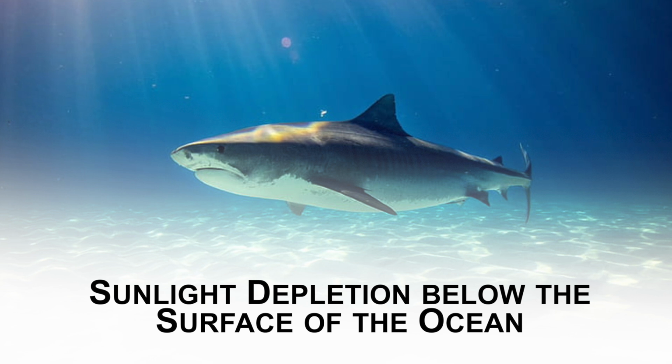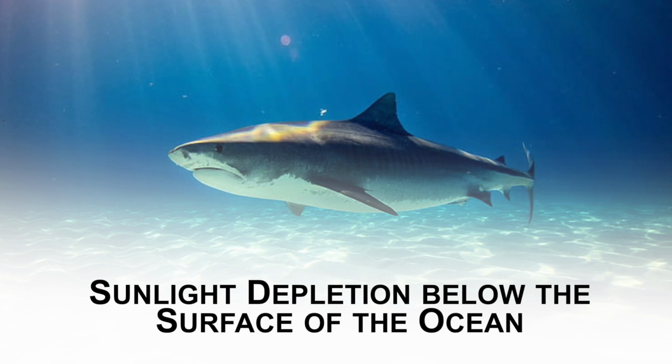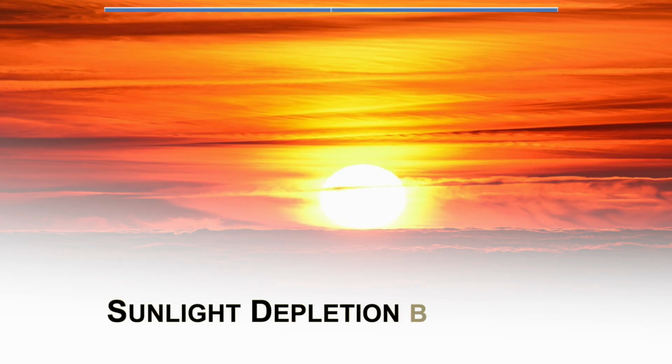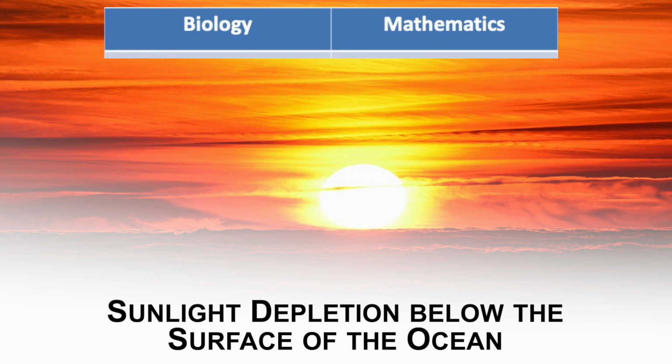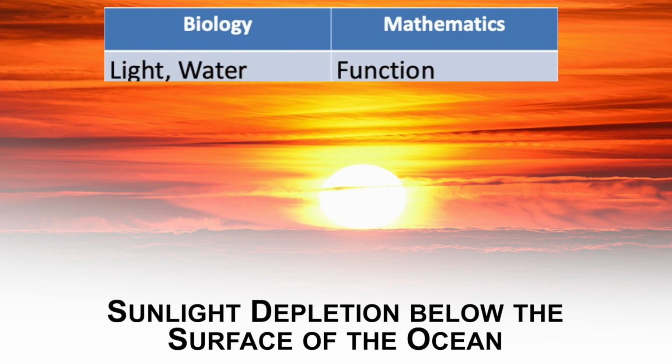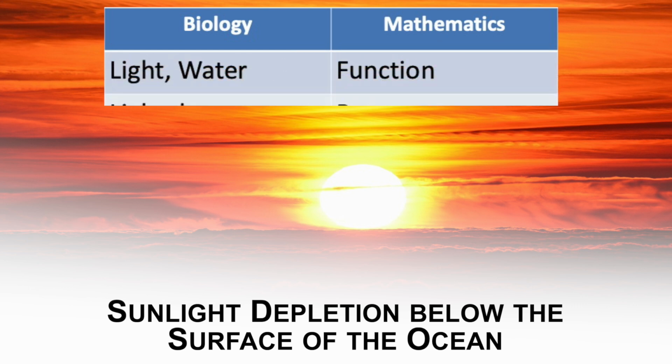How is this observation transformed into a mathematical problem? Simply, we put the correspondence between the biological observation and a mathematical problem or mathematical phenomena.